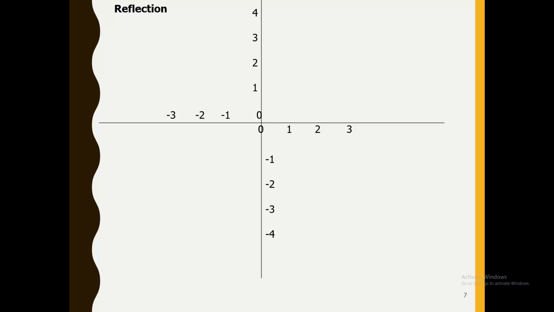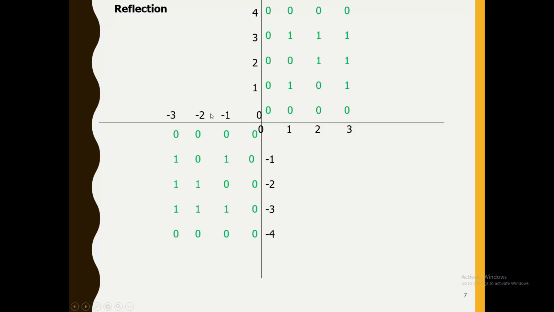Now with the help of this example, you can clearly understand what reflection means. Initially this is an image where 1 corresponds to foreground while 0 corresponds to background. Now we are going to take the reflection of this, so its spatial location changes. Initially there is a 1 at 1 comma 1; now the 1 will be at minus 1 comma minus 1. Similarly, there is a 1 at 1 comma 3; now it will be at minus 1 comma minus 3.